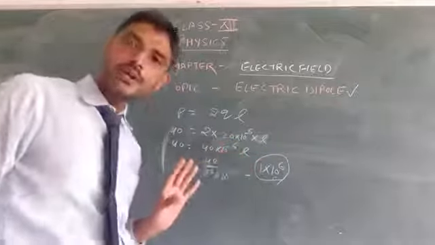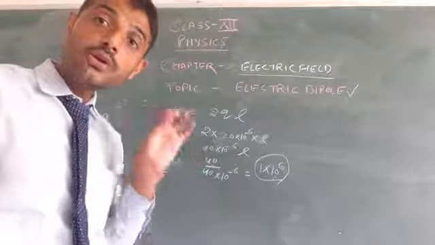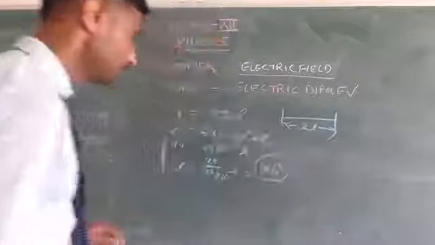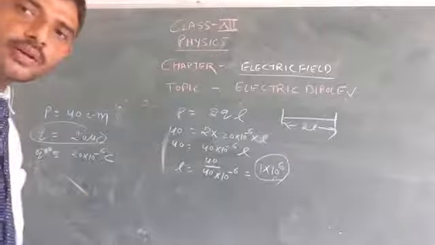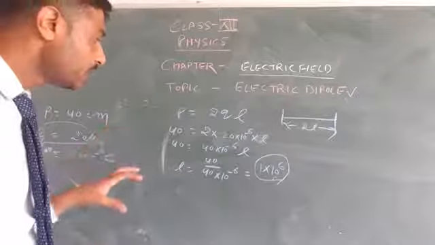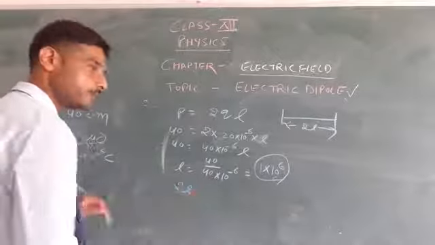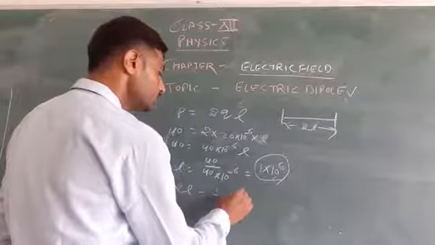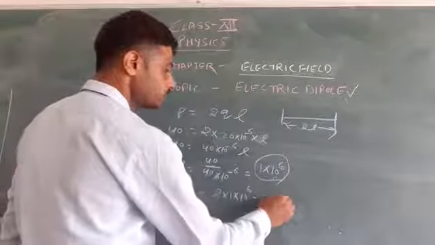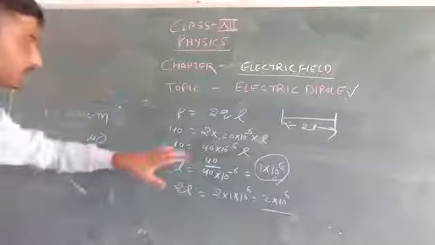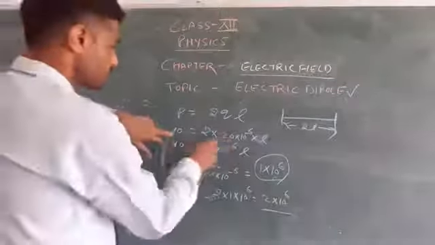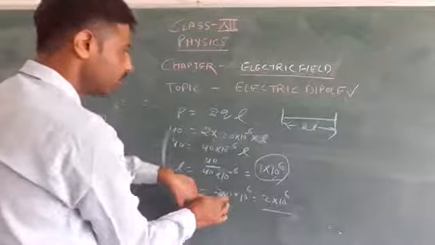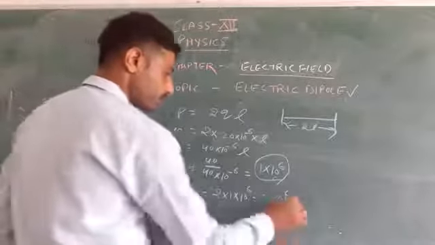But we have to remember that for this dipole, the length is 2L, not L. So we have to write 2L equal to 2 into 1 into 10 to the power 6, which means 2 into 10 to the power 6 meter.